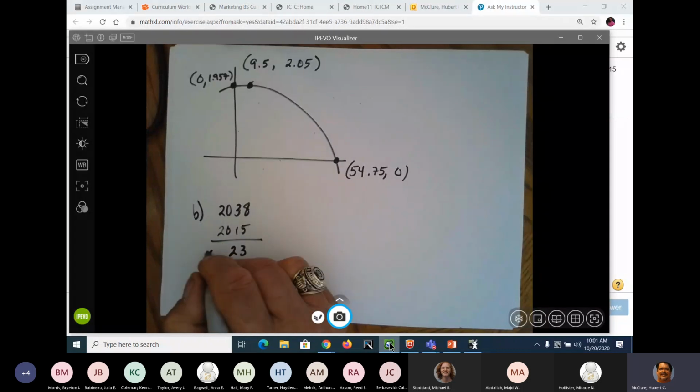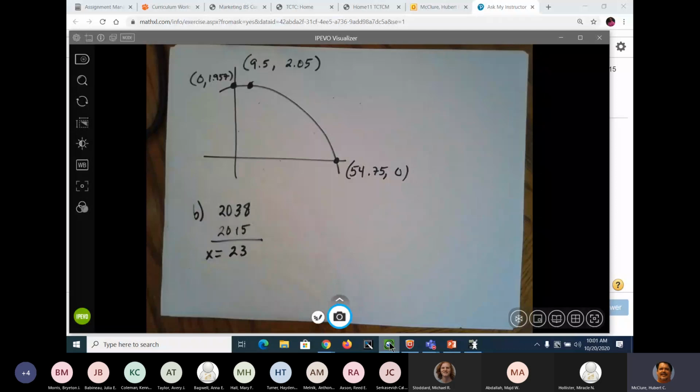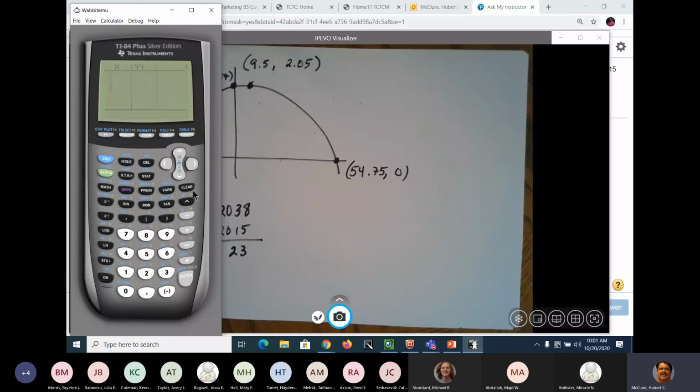So you go to your handy dandy tracer, or you go to your window or table. So pull up your handy dandy calculator and look for X is equal to 23. Ding! 23 is 1.865.